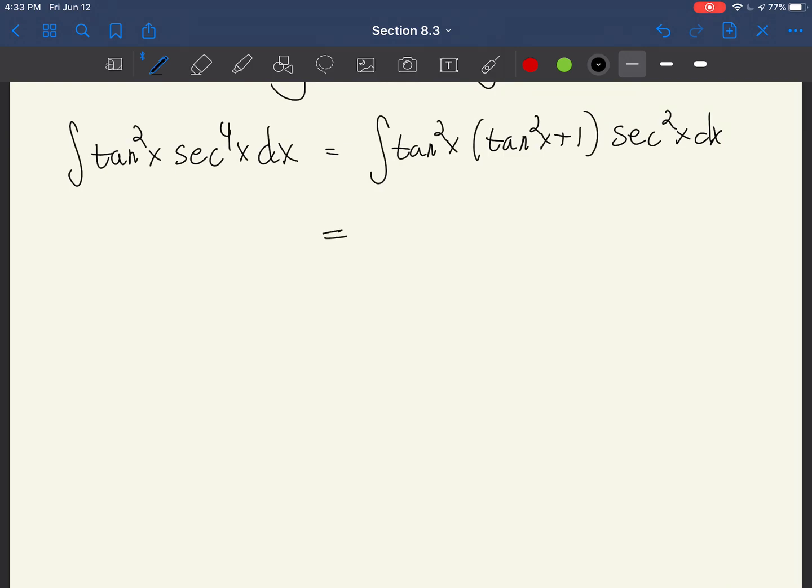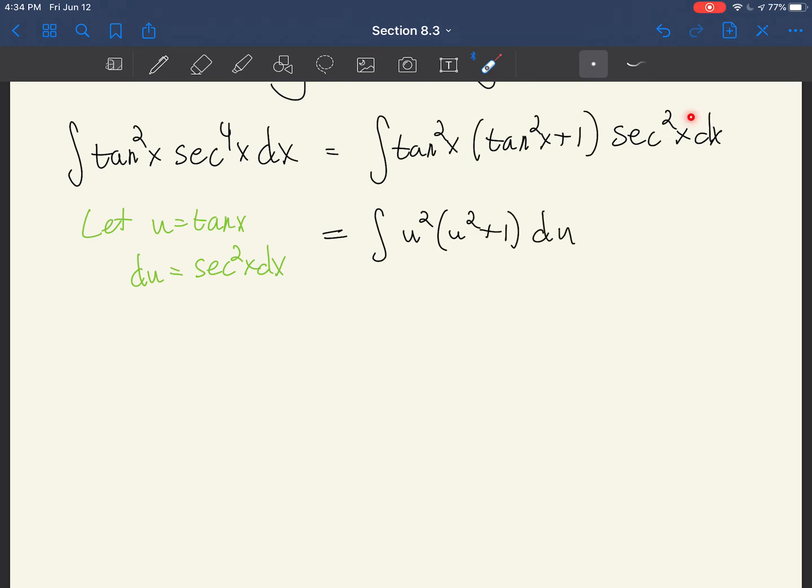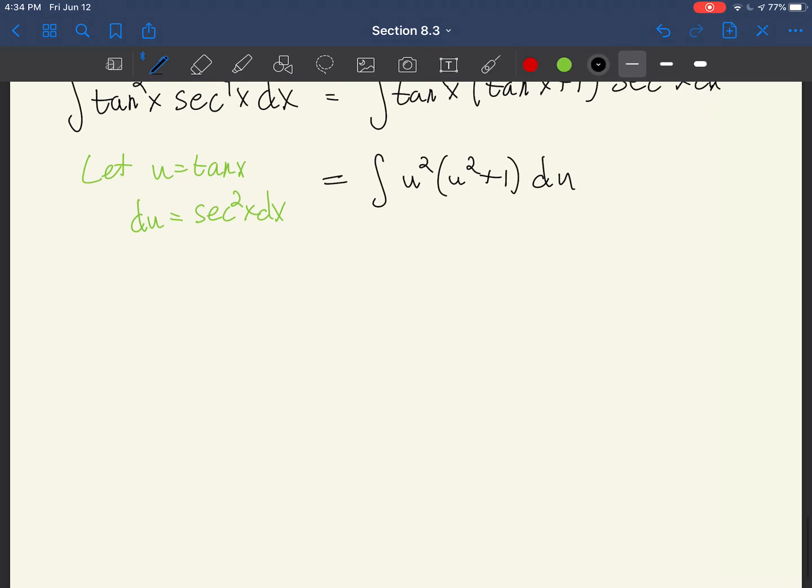We then let u equal tangent of x, so du equals secant squared x dx. And our integral becomes u squared times u squared plus 1 du, because the secant squared is absorbed into the dx.